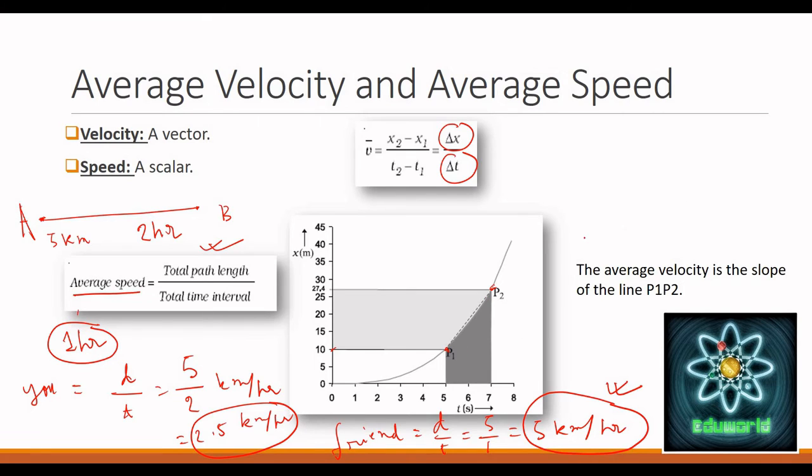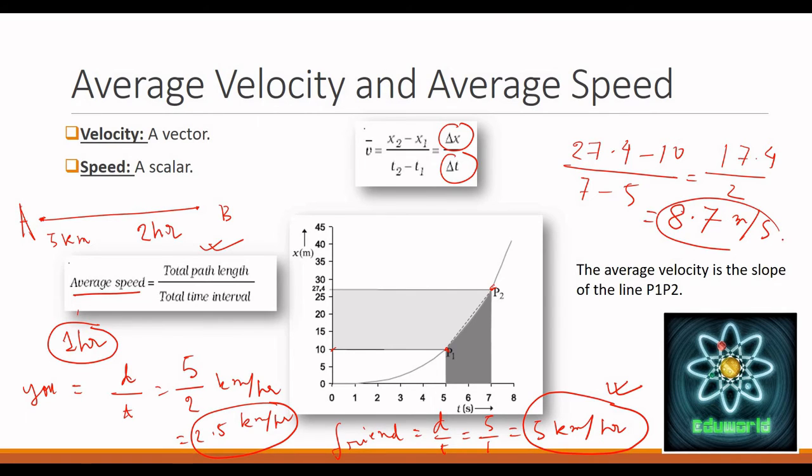So within this 7 minus 5, 2 seconds, what is the distance that you have traversed? That is 27.4 minus 10, divided by the time, 7 minus 5, that is 2. So that is 17.4 by 2, and that is 8.7 meter per second.